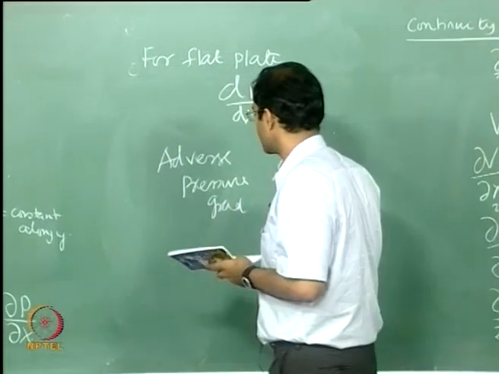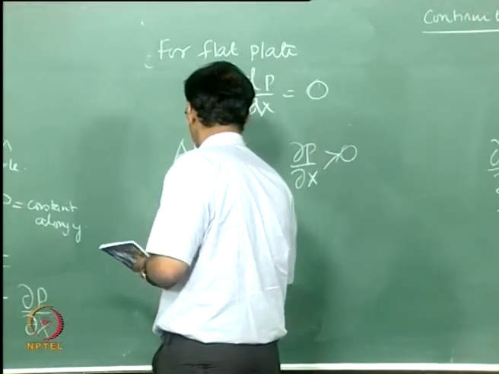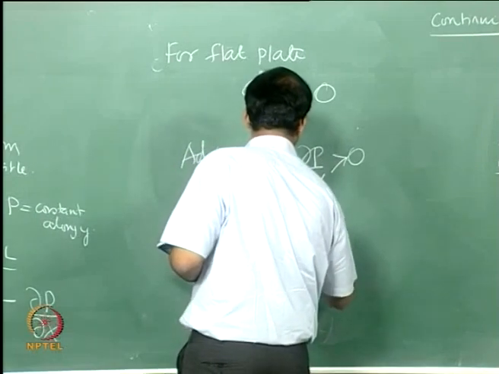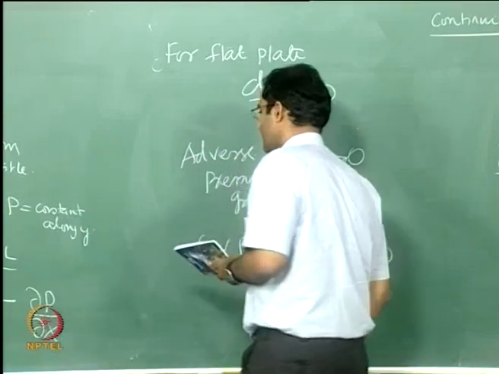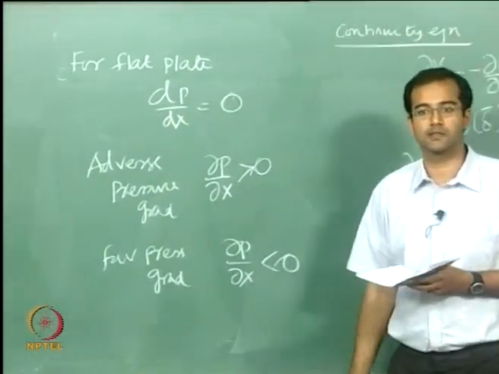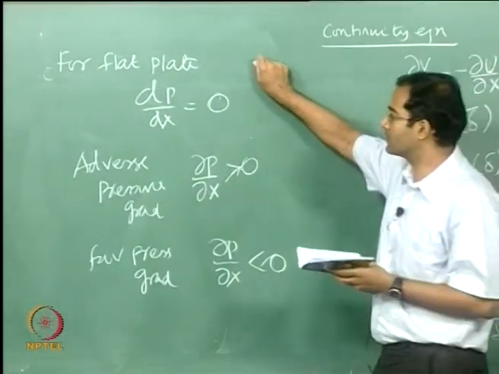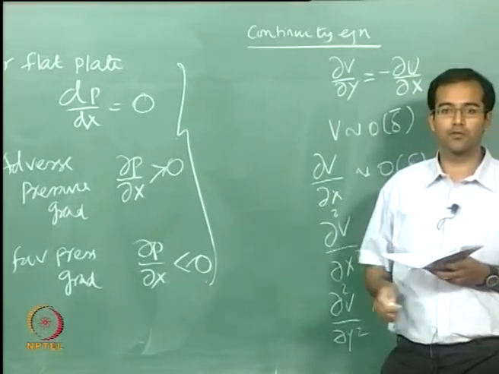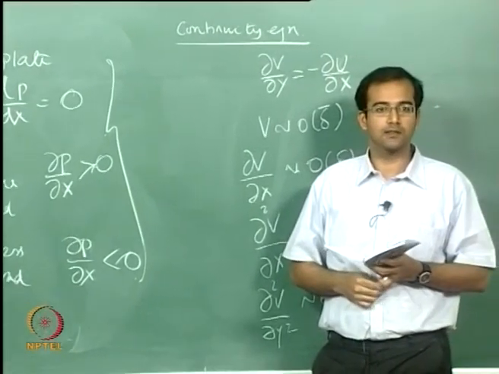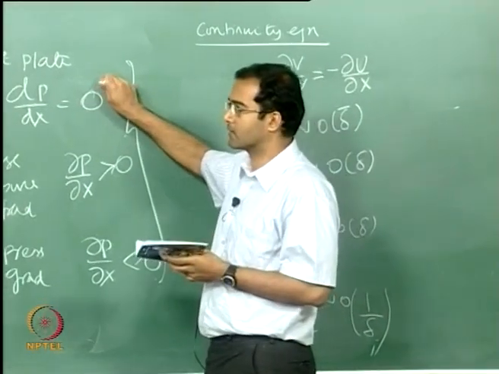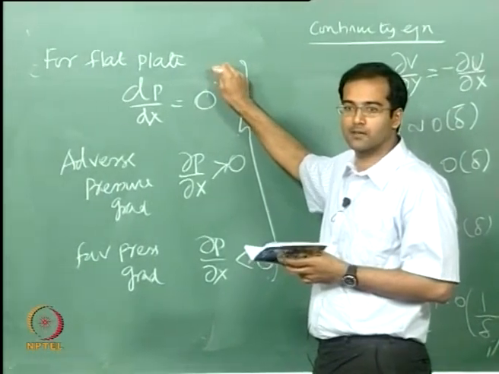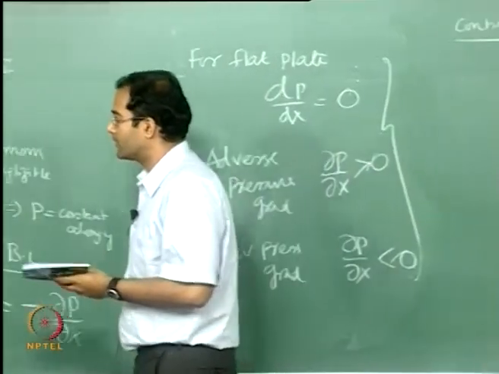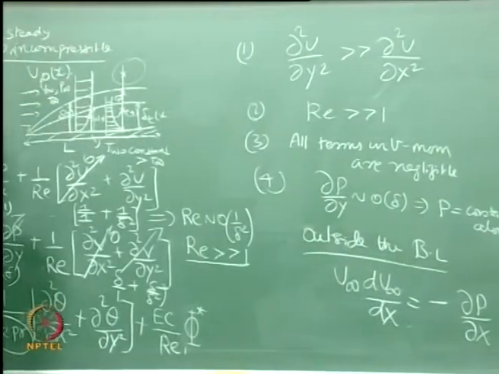You can also have a favorable pressure gradient, where dp by dx is less than 0, so that means your velocity keeps increasing. You can have either of these depending on the kind of external flow that you are looking at. If u infinity is equal to a constant, then this is the best approximation, it is going to knock off the pressure term completely, otherwise you have to consider either of these cases. So that is the approximation to the momentum equations.